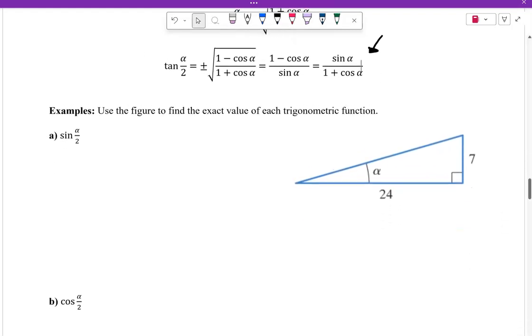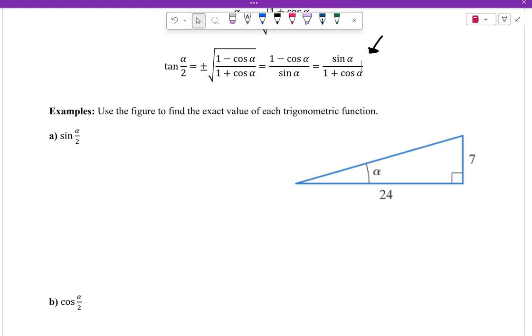So the first thing we need to do is figure out our hypotenuse, whichever way you want to look at it. I'm hoping by now you might know what number that is. I know we've probably come across this one before because it is a Pythagorean triple. But we're going to go ahead and work it out.